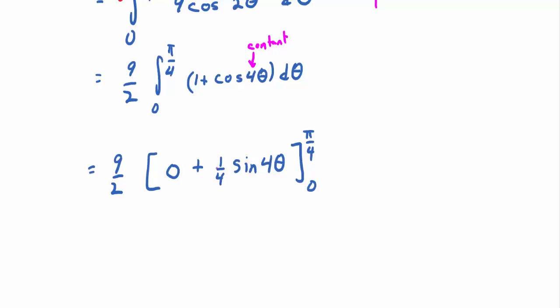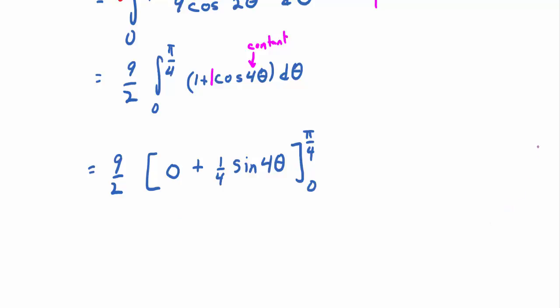Then you can check it. Just take the derivative of 1/4 sine of 4 theta, and you'll get cosine of 4 theta. Because by chain rule, you'll have to multiply by 4, and the 4 times 1/4 will reproduce that 1 right there. So you can use U substitution on that, but this is one particular instance where it's just easier to memorize that trick for integrating because it comes up so often. Is that okay?